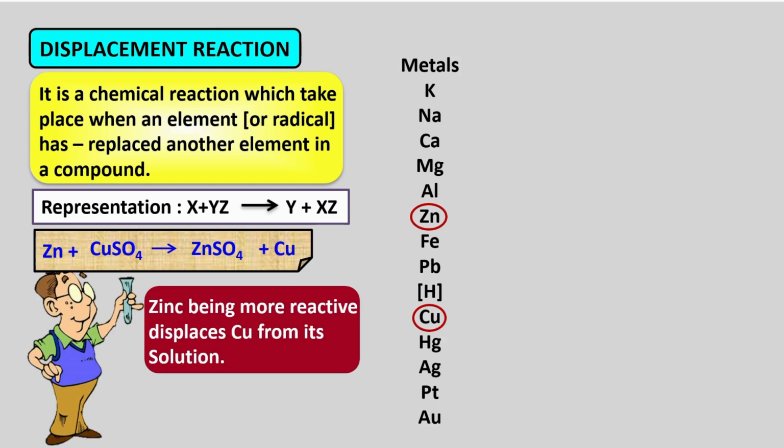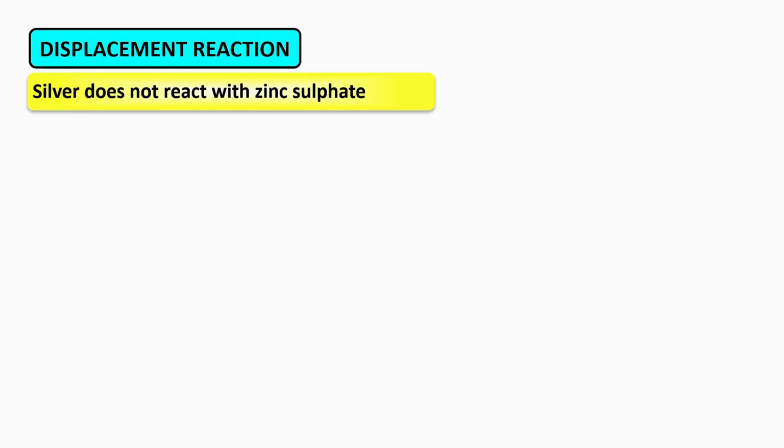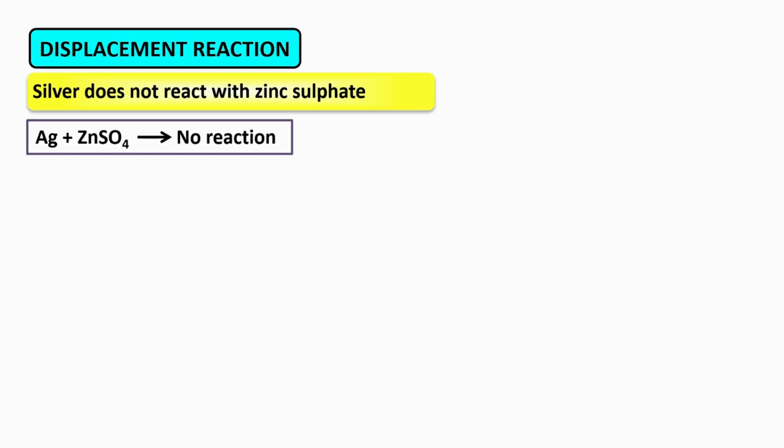Zinc, being more reactive, displaces copper from its solution. Silver doesn't react with zinc sulfate. Ag, that is silver, plus ZnSO4, that is zinc sulfate, no reaction.